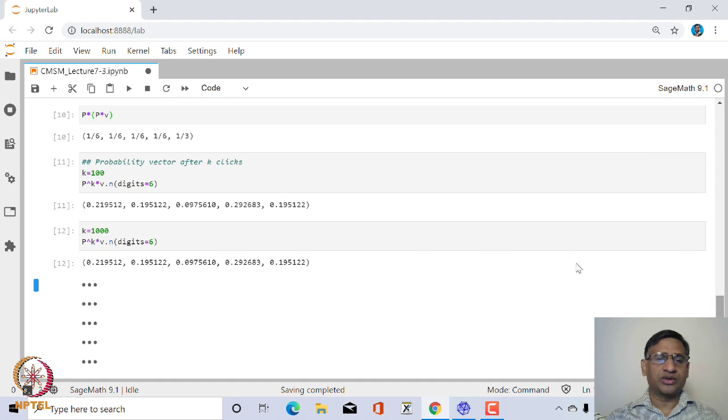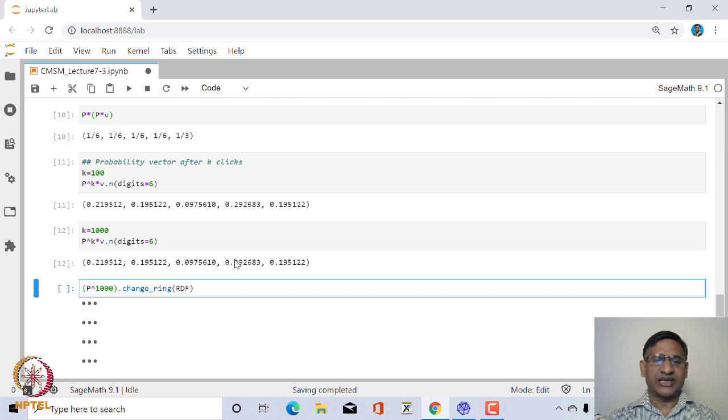So after 1000 clicks, again you can see here this vector what you have got, that is again a stochastic vector, because the sum of the entries in this will be 1 and each entry is non-negative. So this is actually almost same as this, it may differ after so many decimal places, but they are almost identical. So what it means is that in long run this will be the probability of him being on a particular website, and that you can arrange in decreasing order.